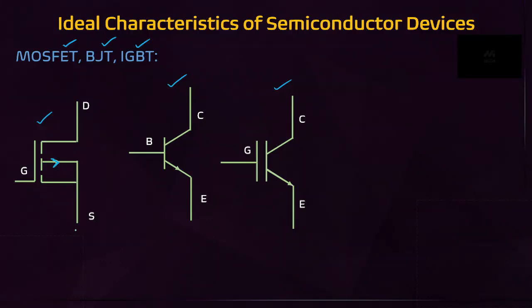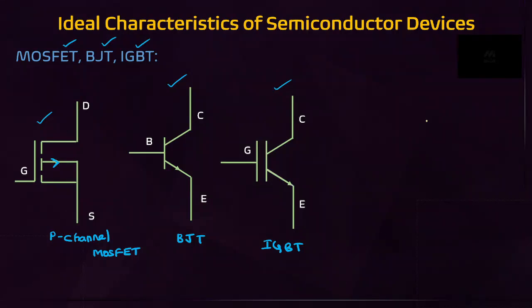If the arrow is given like this, this is a P-channel MOSFET. Even symbols are important. Sometimes they will ask the symbols also.